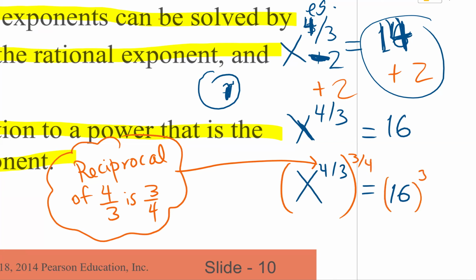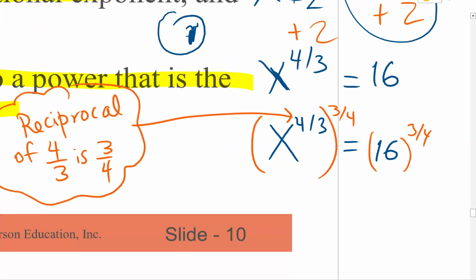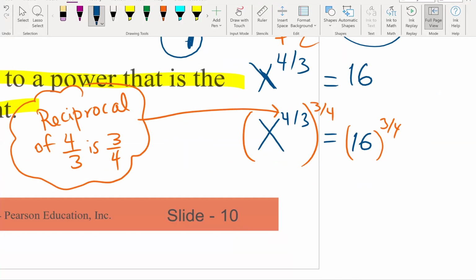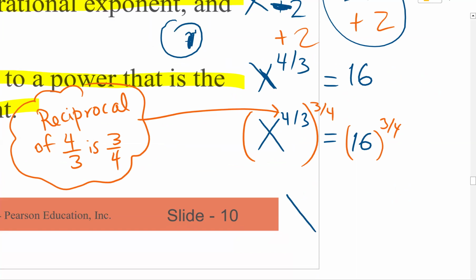And the reason that's a good idea is because if you remember, the exponent rule for if you have something to a power and to another power like we have here, this is x to the 4/3 and then to the 3/4 power, you multiply the powers. So the existing power that was already there, 4/3, I'm multiplying that by the new power that I gave it.